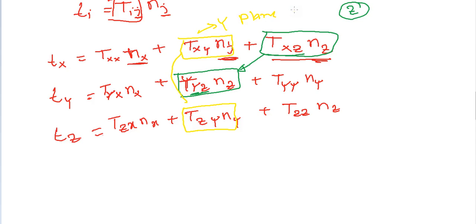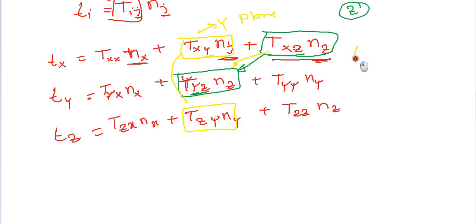Thus two shear stresses act towards the y plane, and this green marks shear stress acts towards the z plane, right? So what is the resulting shear stress on the plane z?